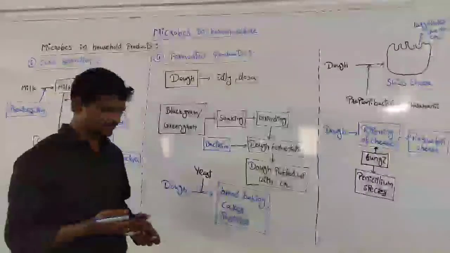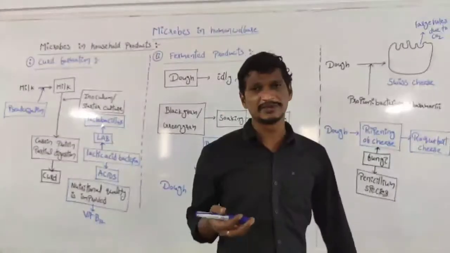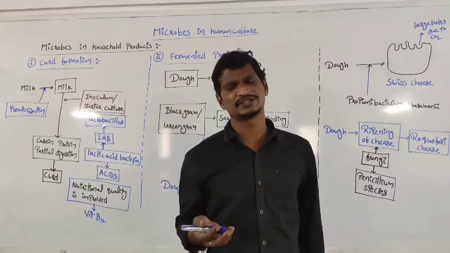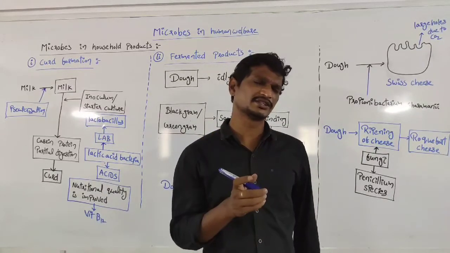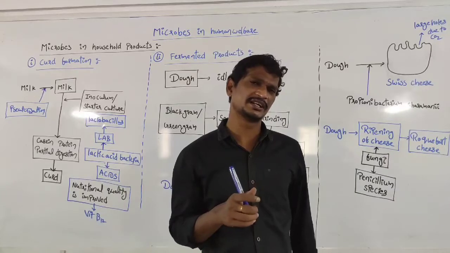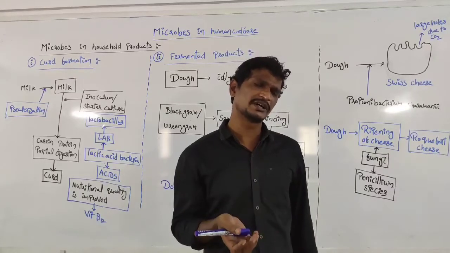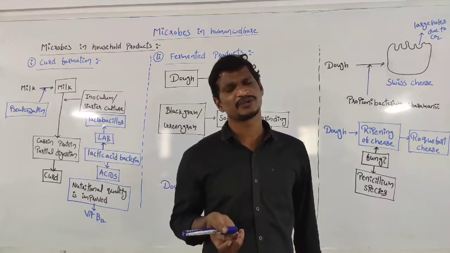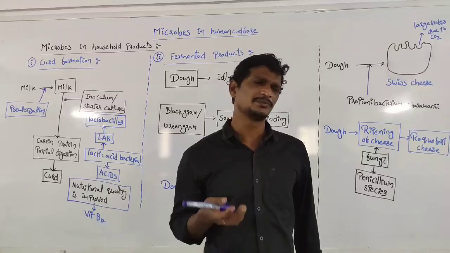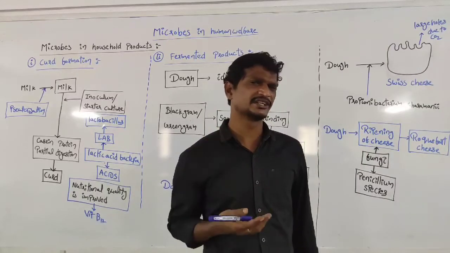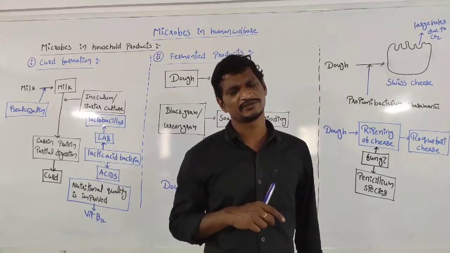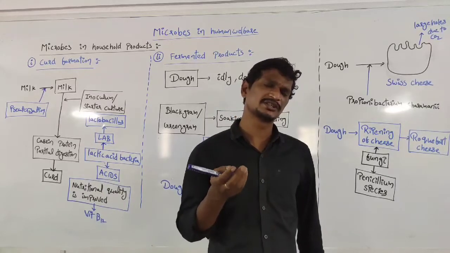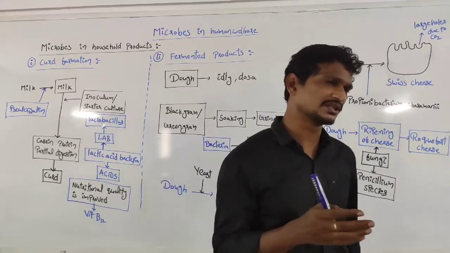We know that when the milk temperature is raised too high, we pour the milk into a container or a bowl and raise the temperature up to 70, 80 or 90 degrees centigrade, and immediately cool the milk down, because when we raise the temperature, some of the microorganisms are killed.